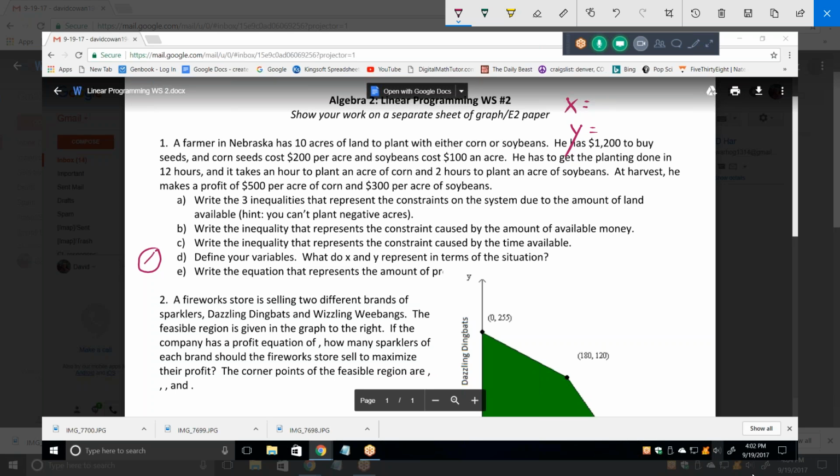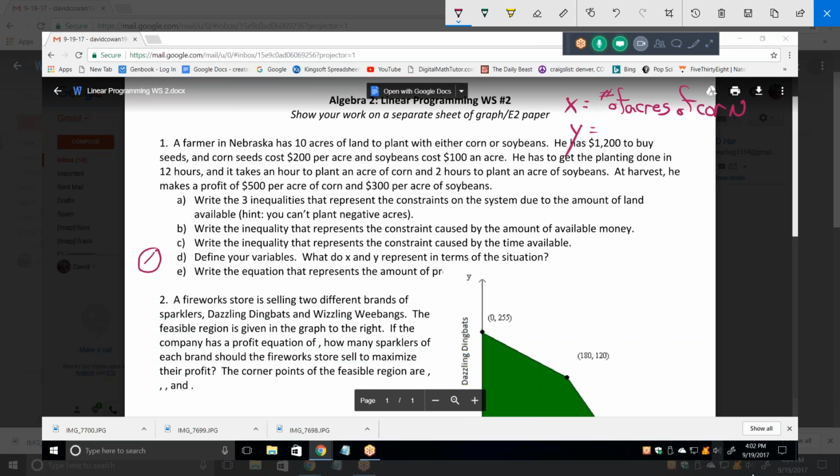Its time to plant is 1 hour. Its profit is $500. There's a lot of descriptions of corn. So what our variable really is, is the number of acres. Oh.